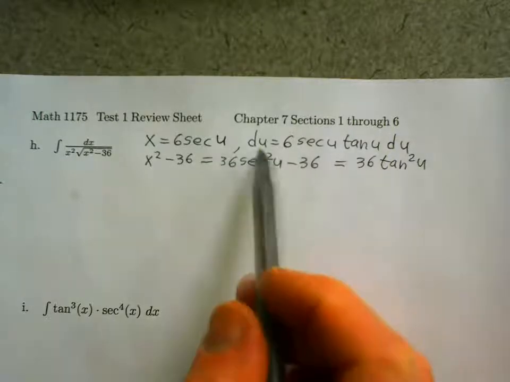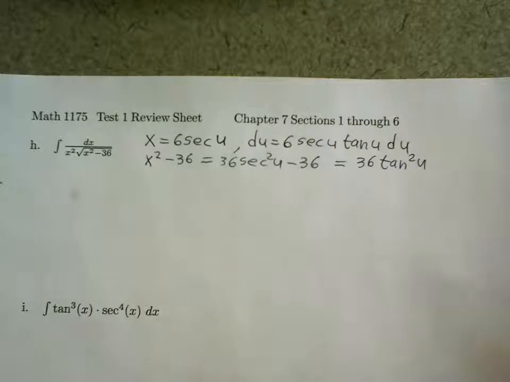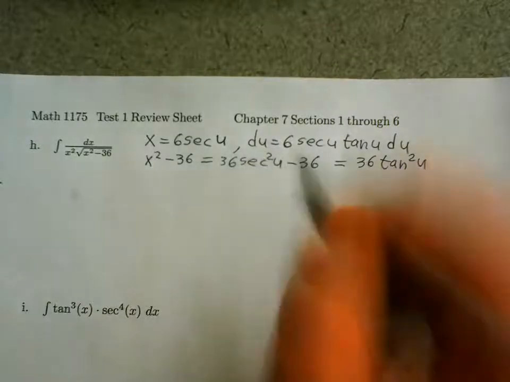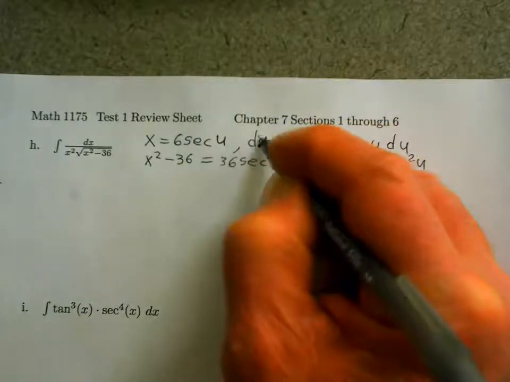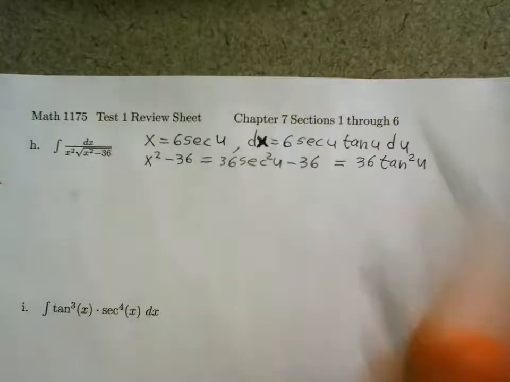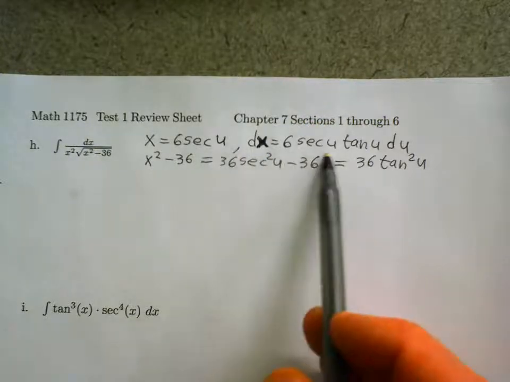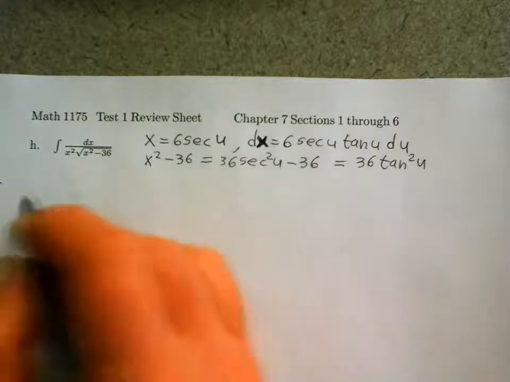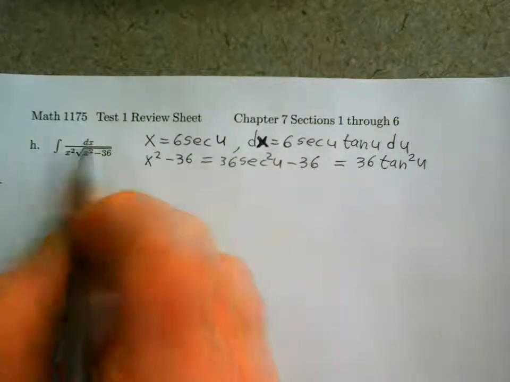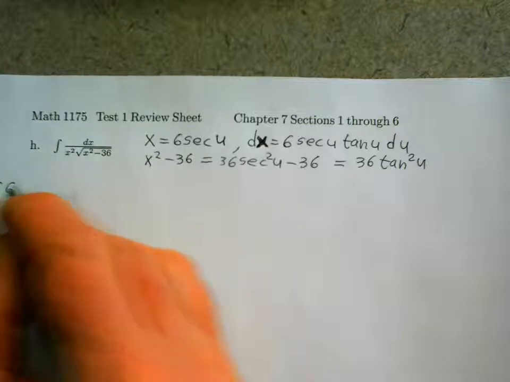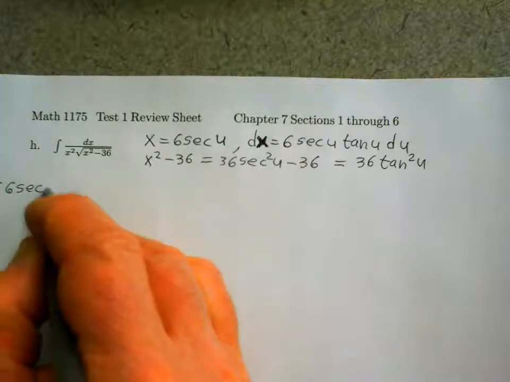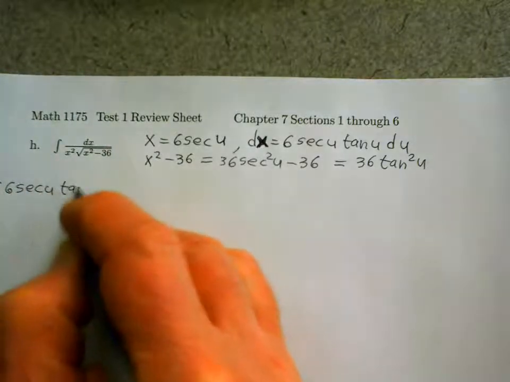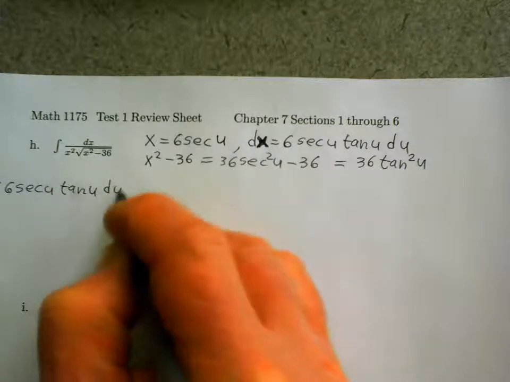Oh, I fouled up here. This should be dx, not du. dx is 6 times secant of u tangent of u du. So in the numerator, we'll replace dx with 6 times secant of u tangent of u du.